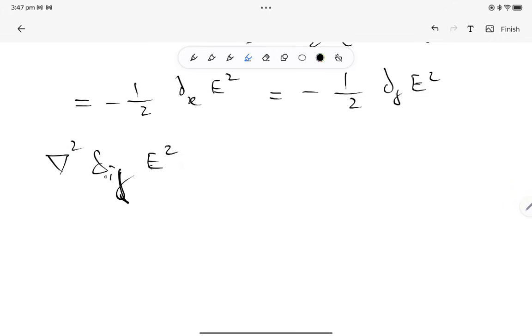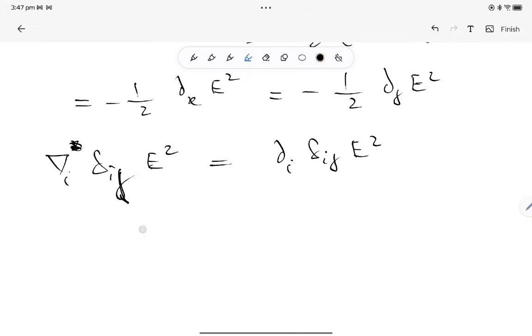First del square, then delta ij e square. But you know del square is del i. It's not square here. Sorry, square is on this: del i delta ij e square.